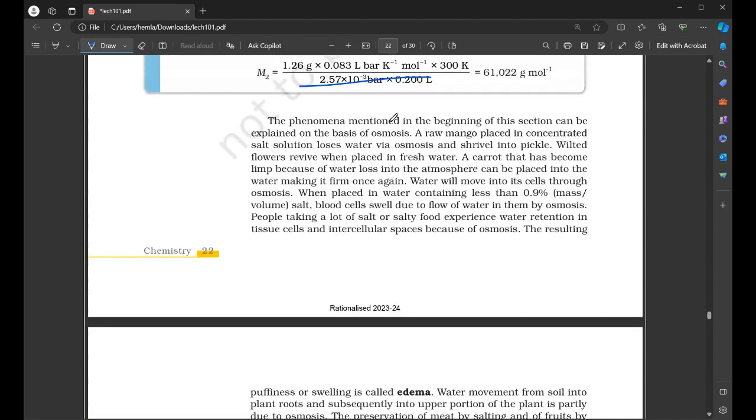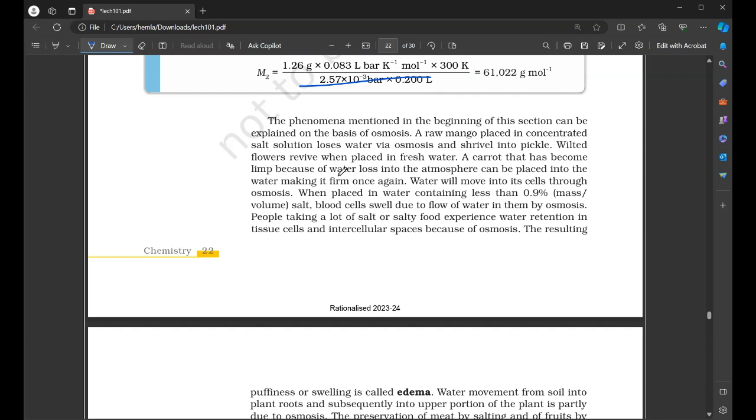The phenomena mentioned in the beginning of the section can be explained on the basis of osmosis. A raw mango placed in concentrated salt solution loses water via osmosis and shrivels into pickle. Wilted flowers survive when placed in fresh water. A carrot that has become limp because of water loss into the atmosphere can be placed into water, making it firm once again. Water will enter its cells through osmosis.